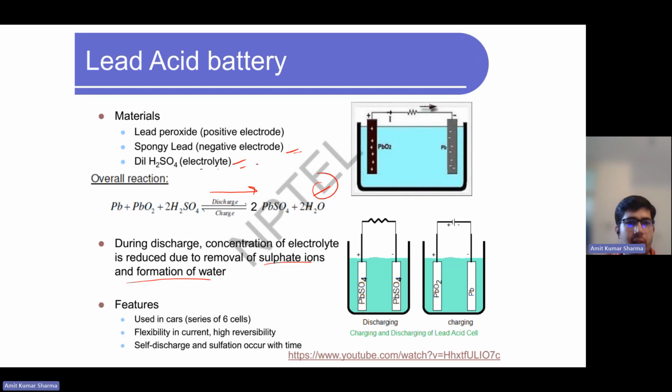And the features are: used in cars, a series of 6 cells, flexibility in current and high reversibility, and self-discharge and sulfation occur with time. Self-discharge, I think we have also covered a question on it.